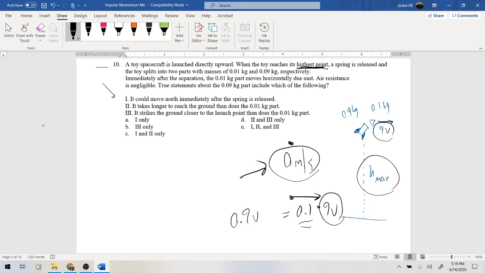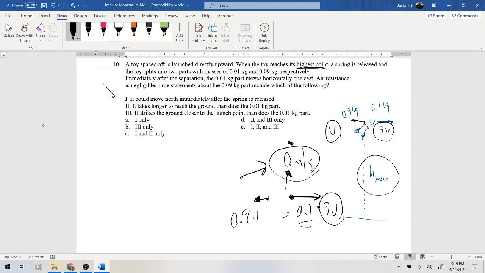How is that possible? Because momentum is a vector quantity, so the vector to the right should be equal to the vector to the left. When you add those two momenta together, your total final momentum is still 0. So basically, this large piece must go to the left with a speed that is 1/9 of the speed of the other piece.